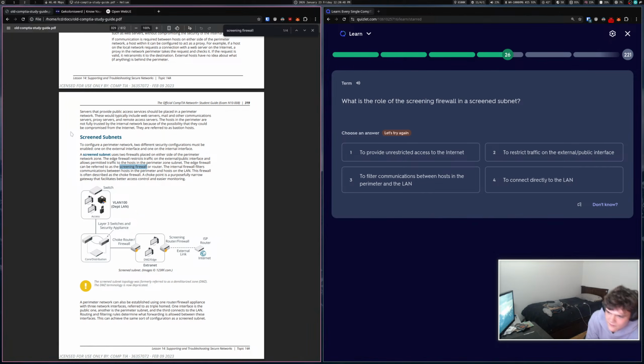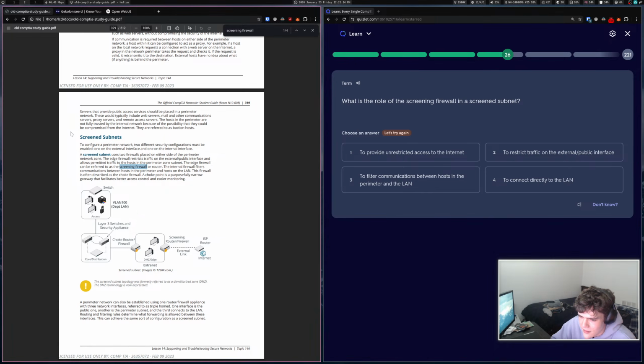Two different security configurations must be enabled. A screen subnet uses two firewalls placed on either side of the perimeter network zone. The edge firewall restricts traffic on the external/public interface and allows permitted traffic to the hosts on the perimeter zone subnet.